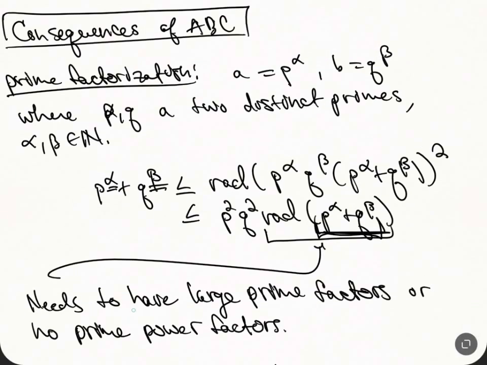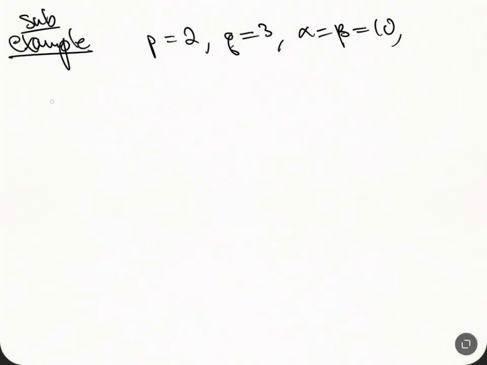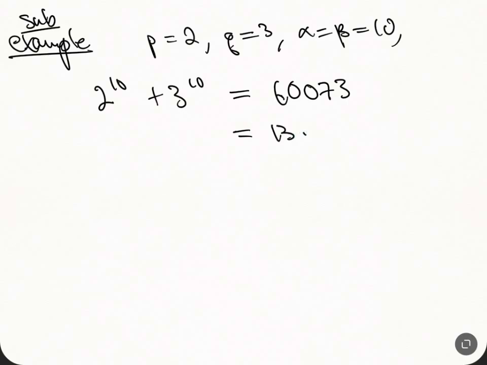So we're looking at 2 to the 10 plus 3 to the 10, and it turns out that this number is about 60,000. And it turns out that this is equal to 13 times this prime number here.